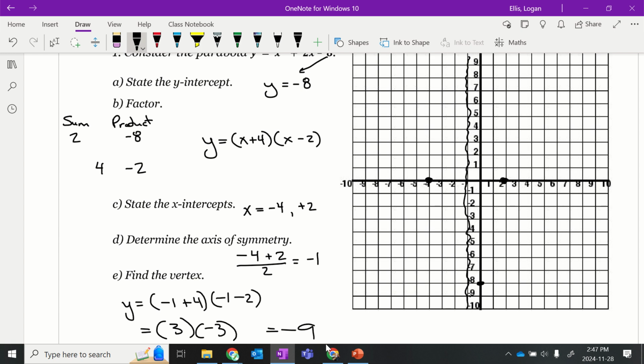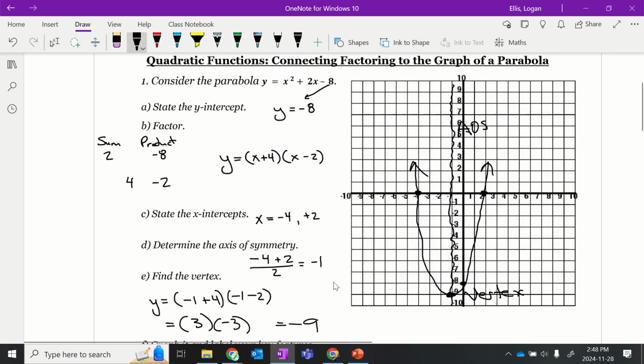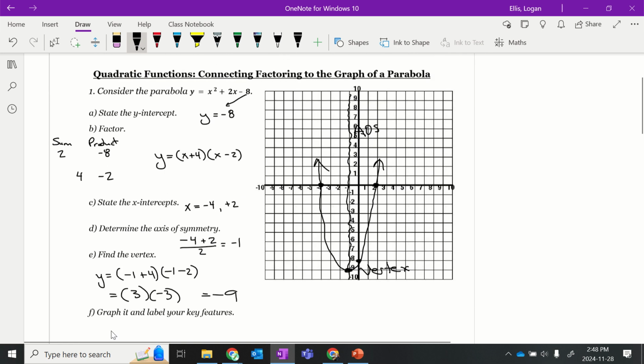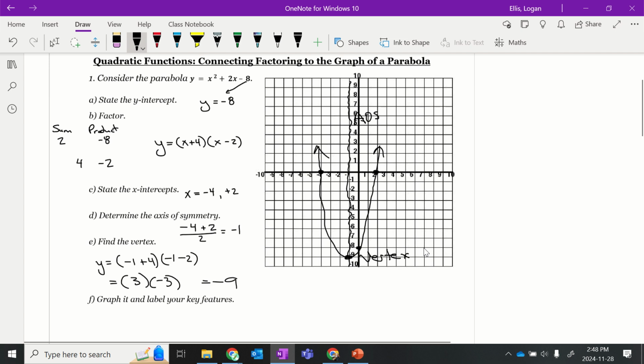If you put a dot on our axis of symmetry at -9, it makes sense that if I connect these points here, I am going to get myself a graph with our AOS, axis of symmetry, and our vertex down there at the bottom. That's exactly what it's asking us to do in F: graph it by connecting the dots and label those key features, which are the axis of symmetry and your vertex. You know these are your x-intercept and your y-intercept as well. Feel free to pause or go back if that was too fast for you.